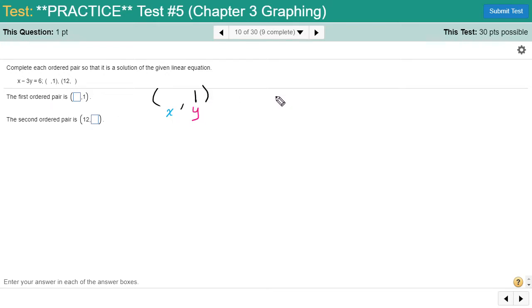So using the equation x minus 3y equals 6, to find this missing x value, what we have to do is plug in to this equation what we were given. So in this case, since we were given the y value, the y coordinate, let's plug that in and find the missing x.